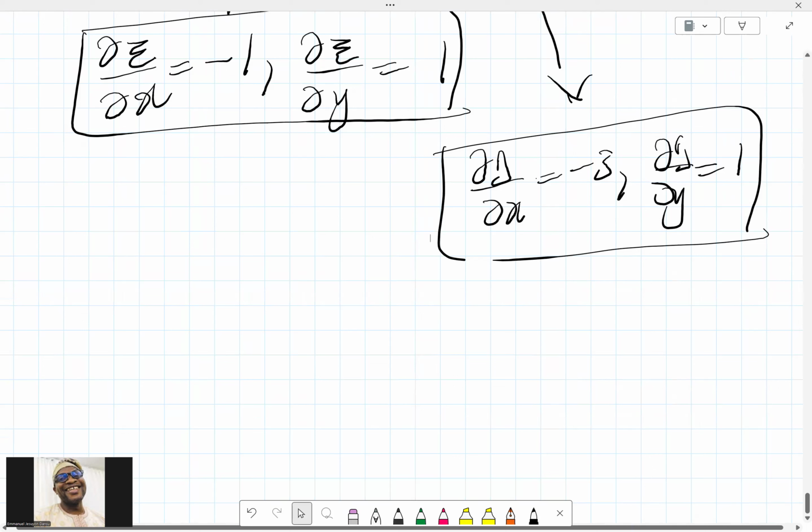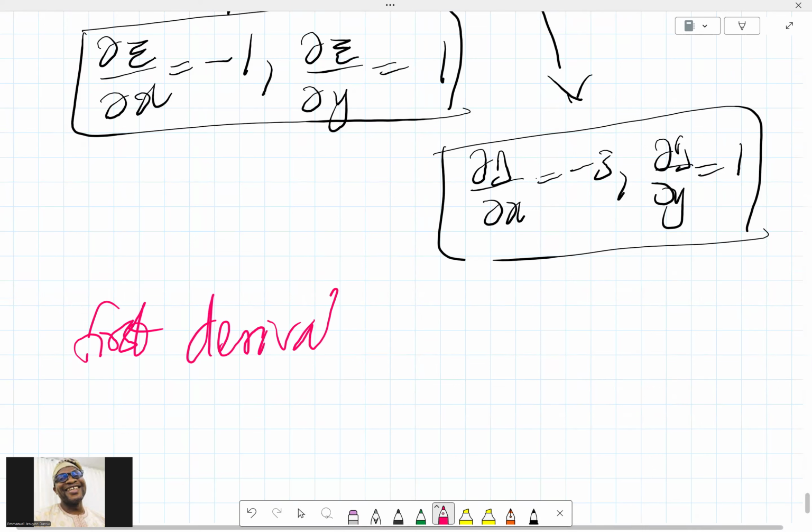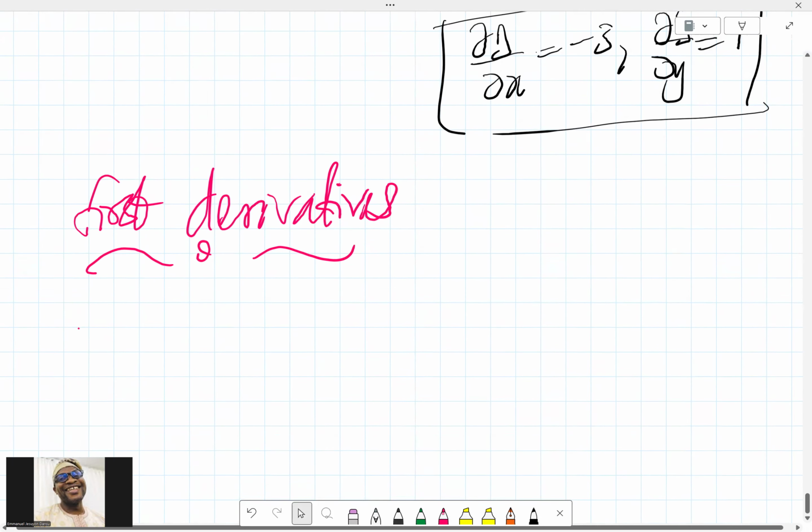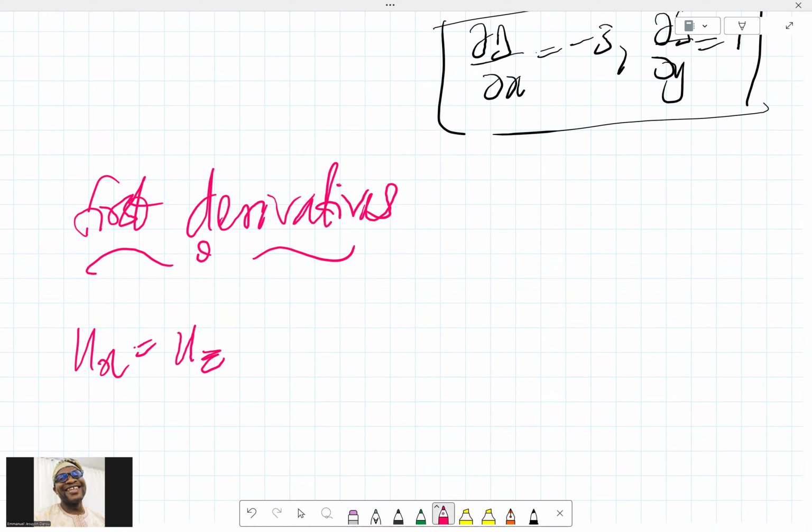It leads us to the first derivatives of u. So u of x is equal to u of psi, partial psi, partial x, plus u of eta, partial eta, partial x.